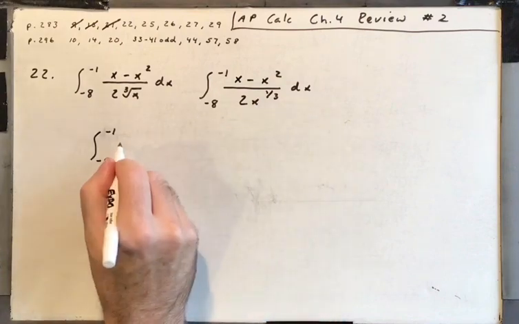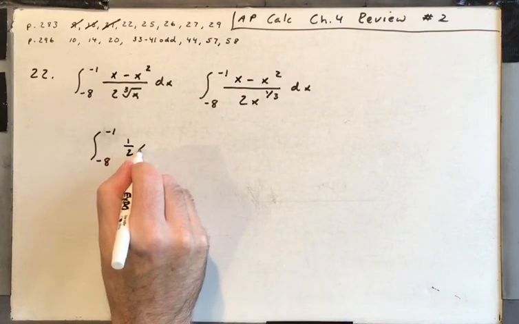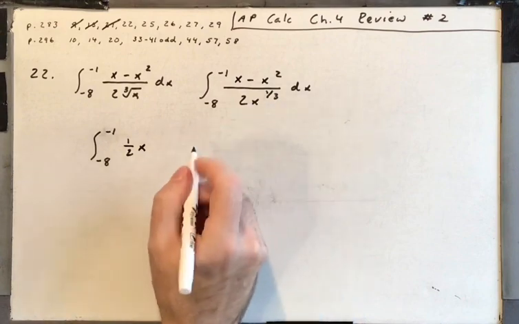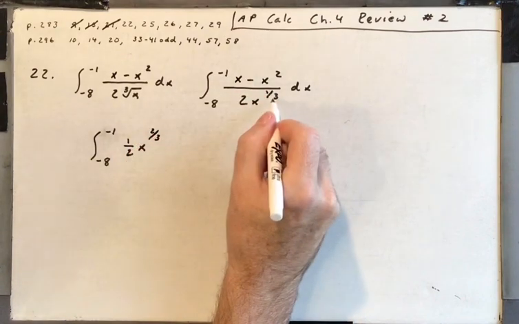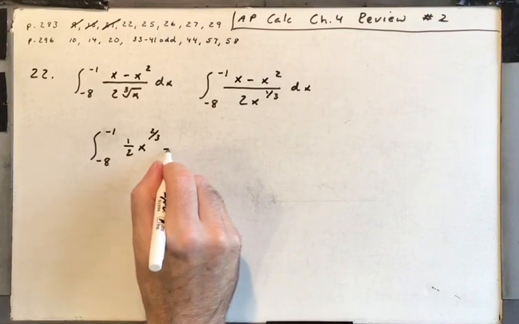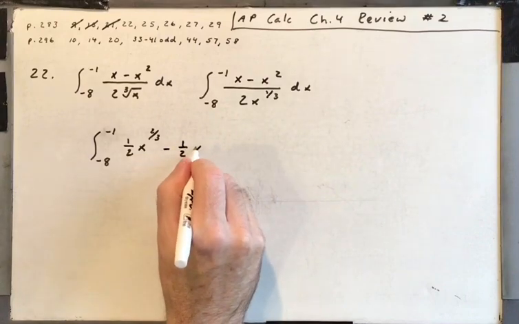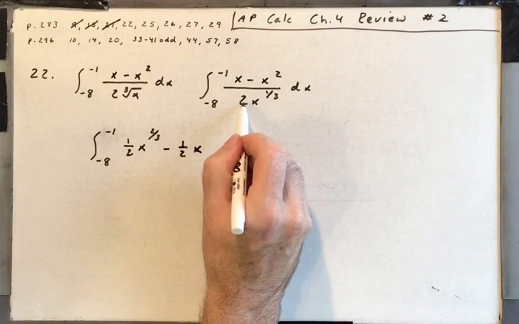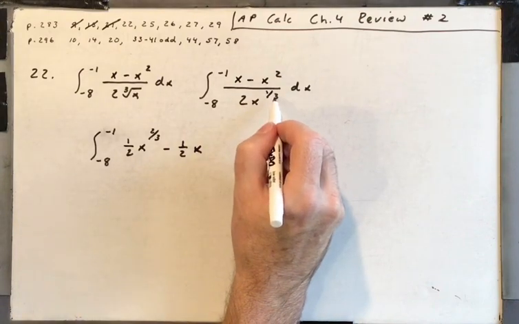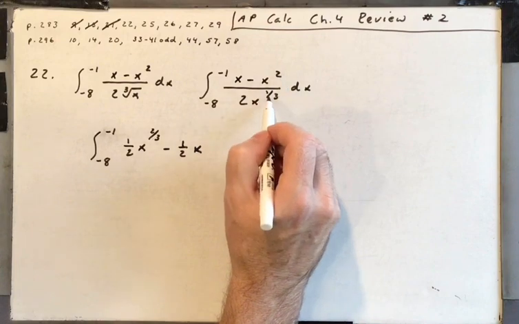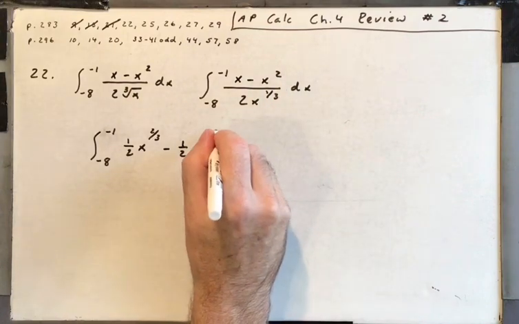That's going to be 1/2 x to the 2/3, because it's 1 minus 1/3. And then minus 1/2 x, because 1 over 2, you got that 2 there. I could pull that out also. 2 minus 1/3, so that would be 6/3 minus 1/3, that'd be 5/3.